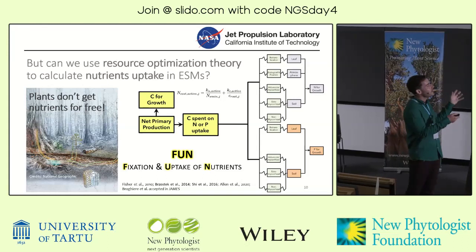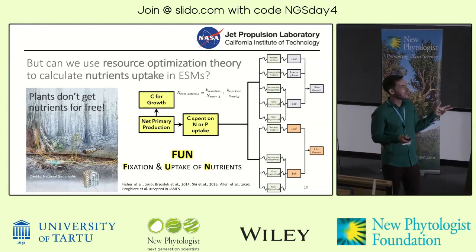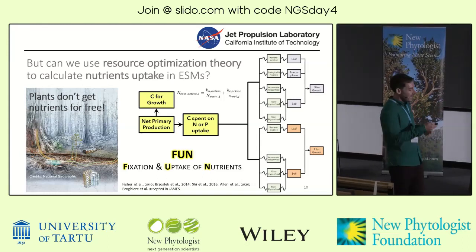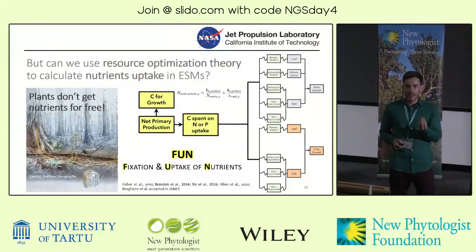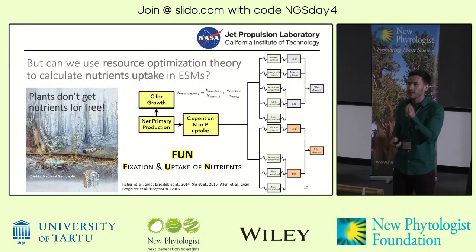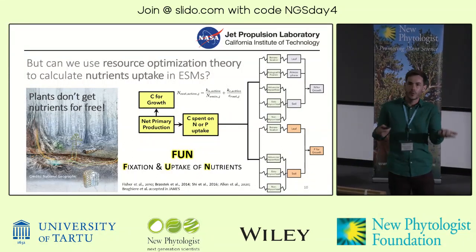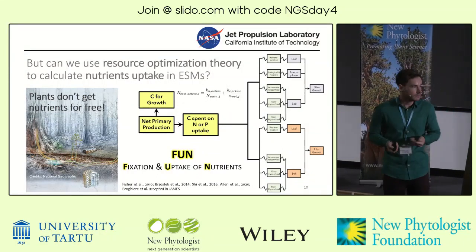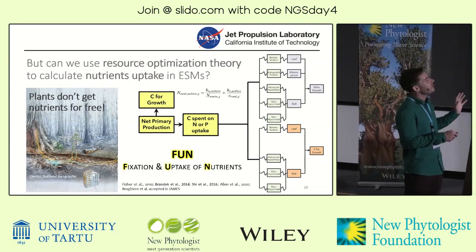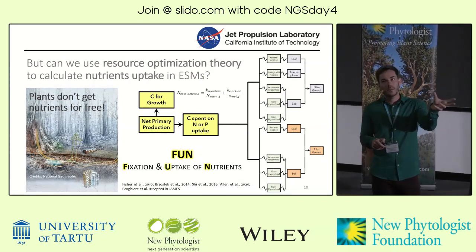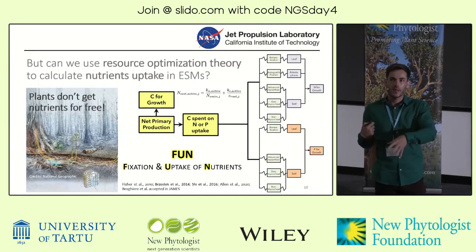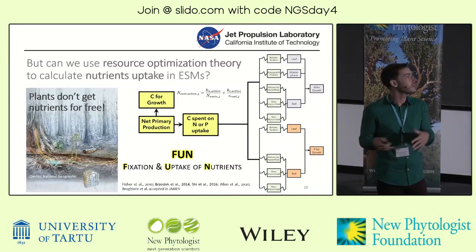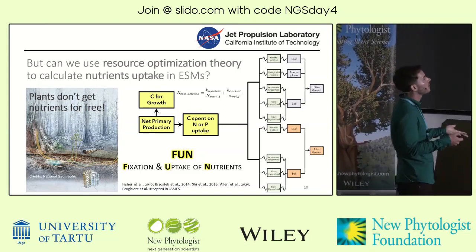And the idea of the FUN model, and FUN stands for fixation and uptake of nutrients, is that once plants photosynthesize and respire to support metabolic rates, before they allocate that carbon to biomass, they spend part of that available carbon on nitrogen acquisition and phosphorus acquisition, nutrient acquisition.